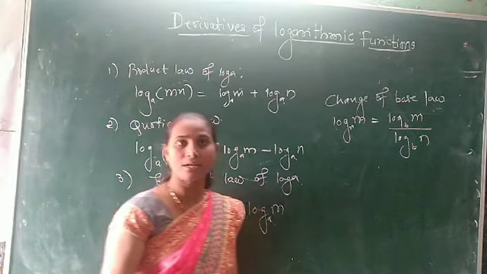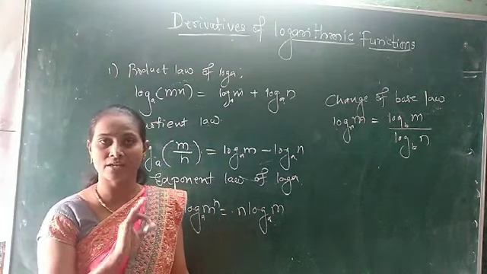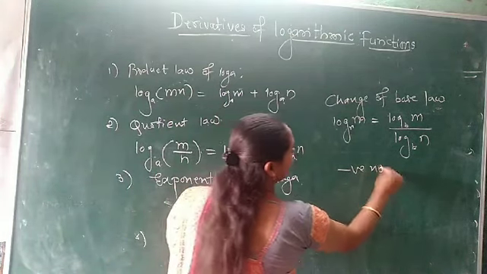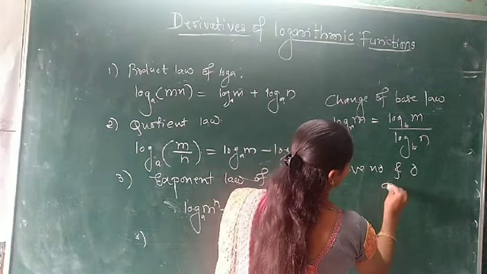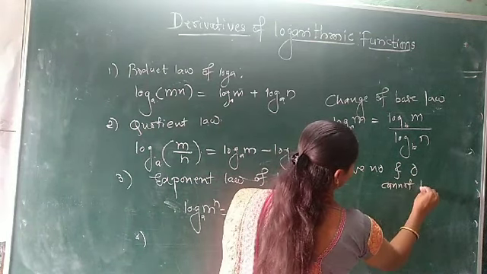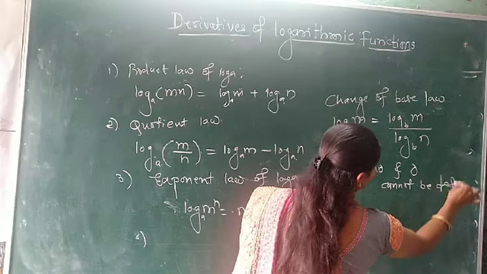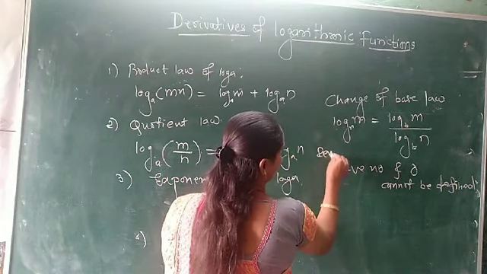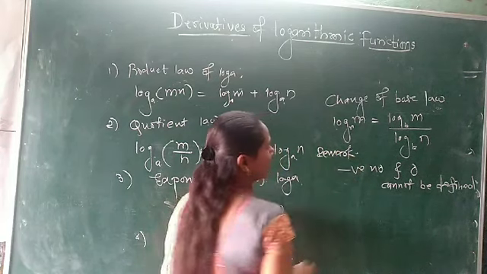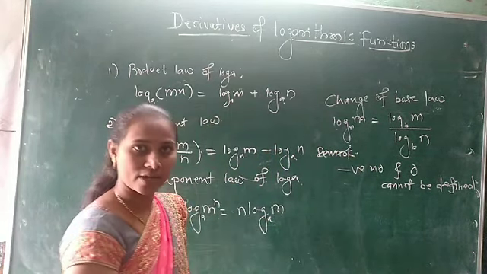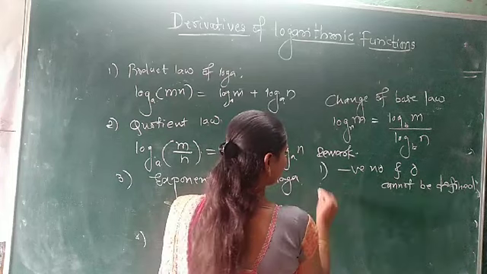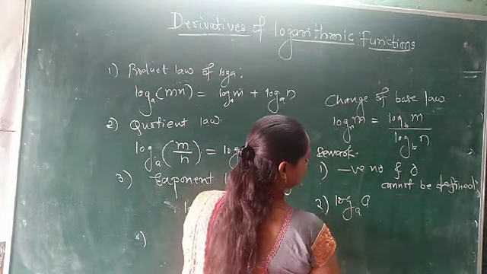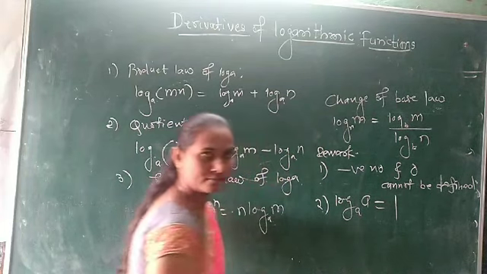And some properties of logarithm we see. Logarithm of a negative number and 0 cannot be defined. Remember that. Second property: logarithm of any number with the same base is equal to 1.